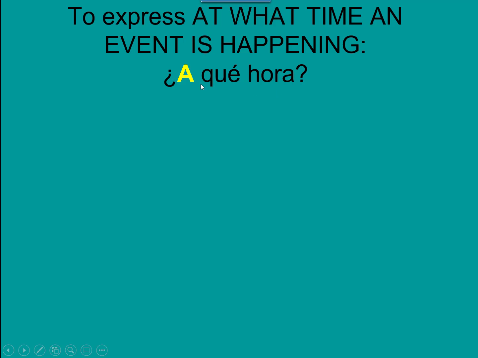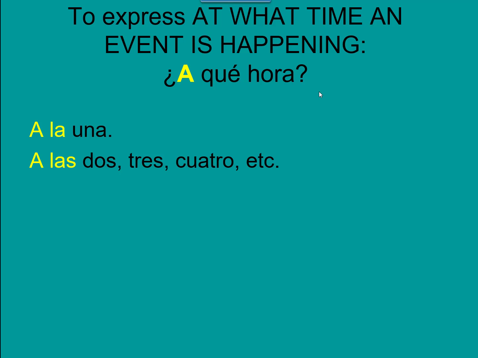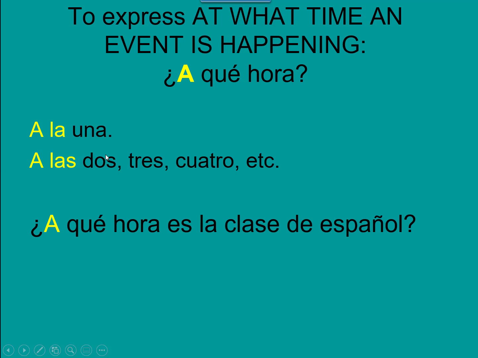At what time is an event? A la una or a las dos. Instead of saying es la una or son las dos, you will be using a la or a las to say at.